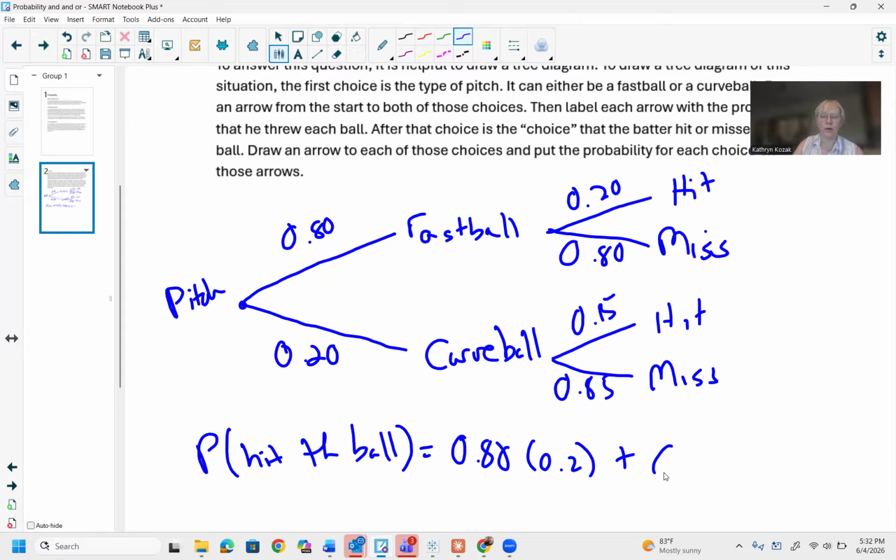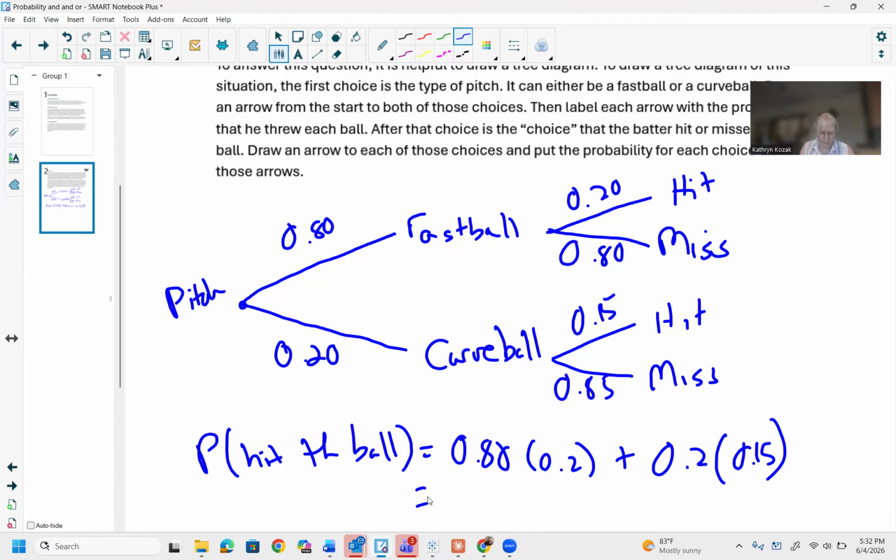You can do 20% of the time you have a curveball and you hit those 15% of the time. And now all you do is just multiply these together to find out what your chances are that the batter actually would hit the ball.